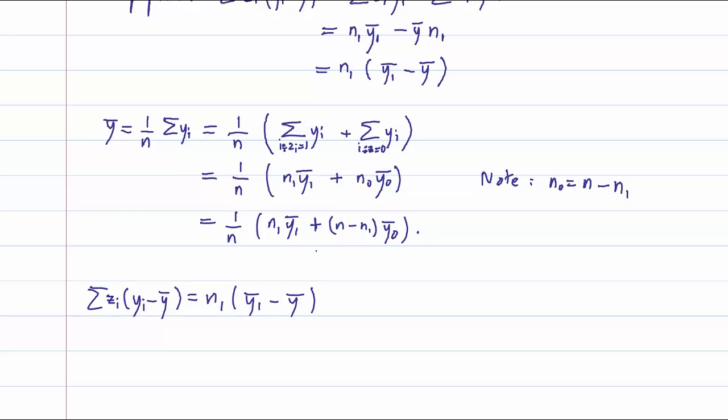And now if I take the y bar I found and put it in this equation, I have n1 times y1 bar minus n1 over n times y1 bar, then I have minus, and plus, so that's a minus, n minus n1 over n times y0 bar.